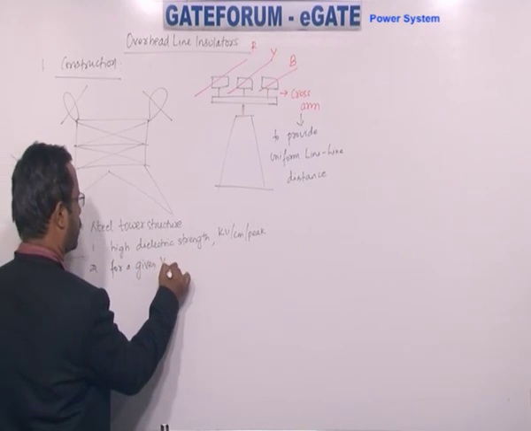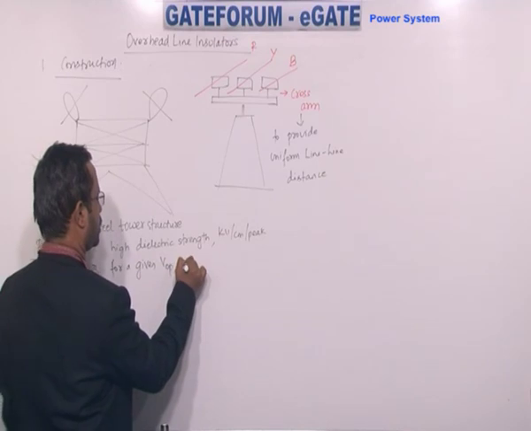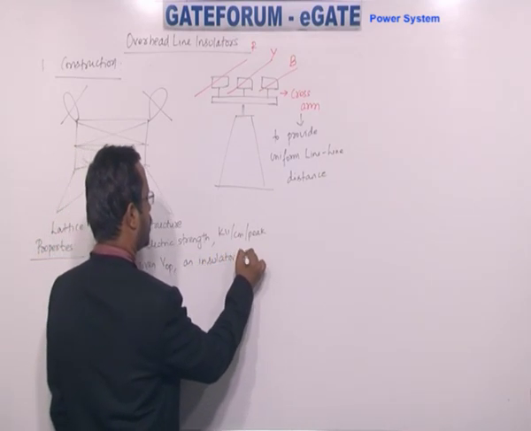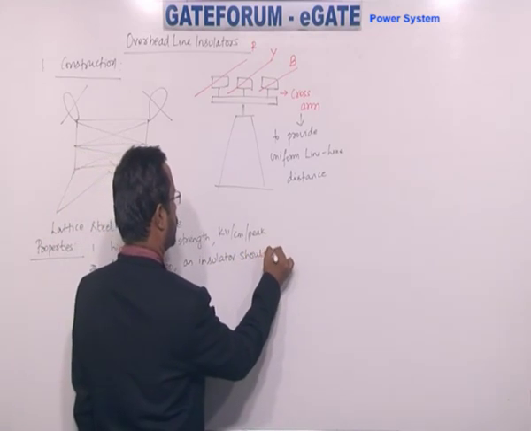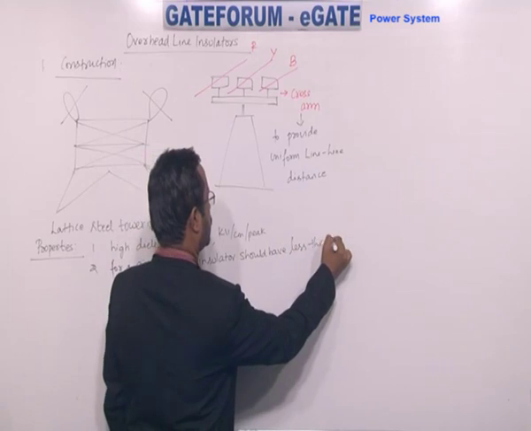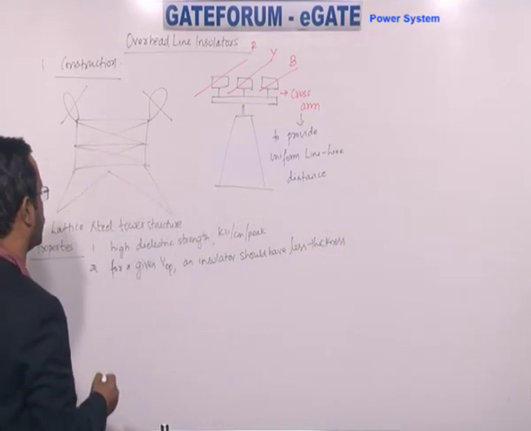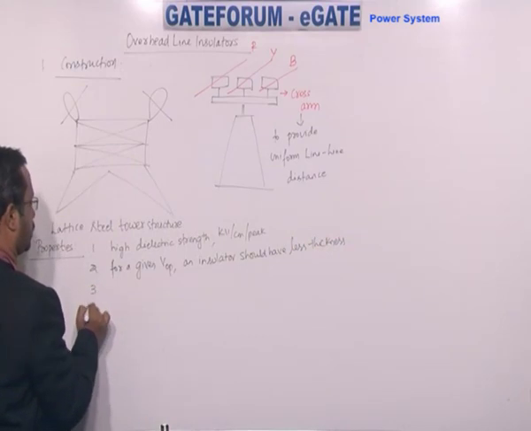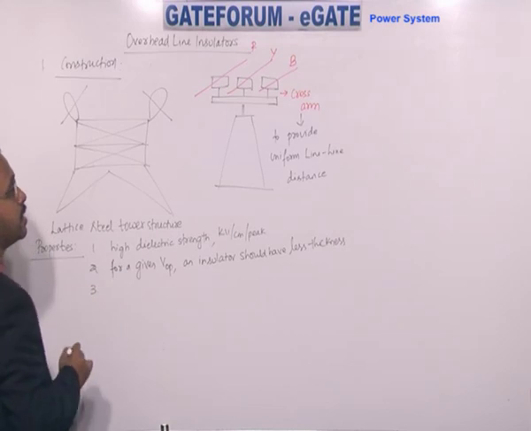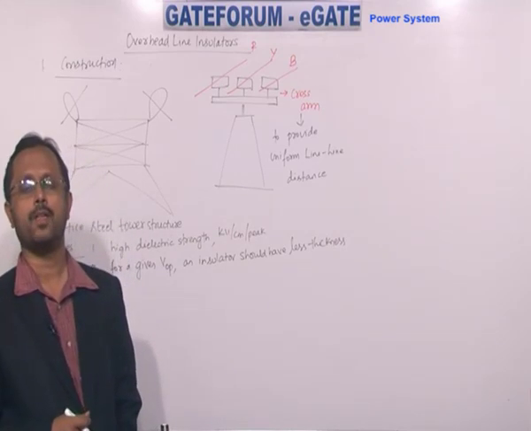So for a given operating voltage, an insulator should have less thickness. And what about the leakage current or the leakage resistance?